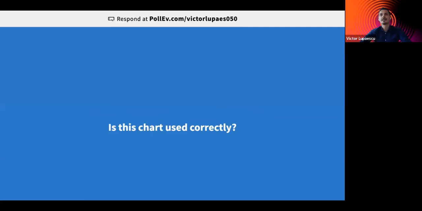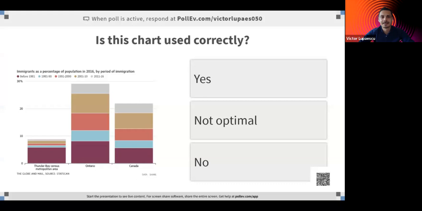And yes, it is when you fully understand, okay, I see this chart, I fully understand the data, it makes sense, it is okay, I would use it as well. Keep in mind that you only have 30 seconds for answering each question, so you have to be fast, but don't rush into it. I mean, 30 seconds is enough for you to read the chart and pick an answer. Okay, let's go.